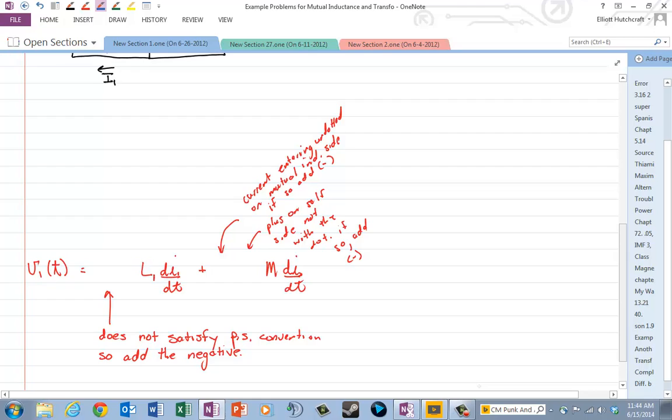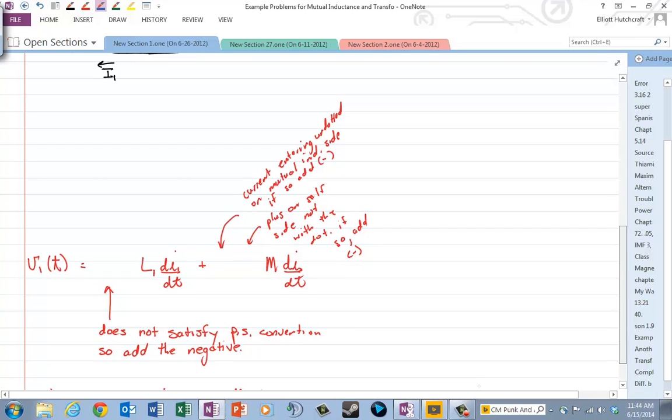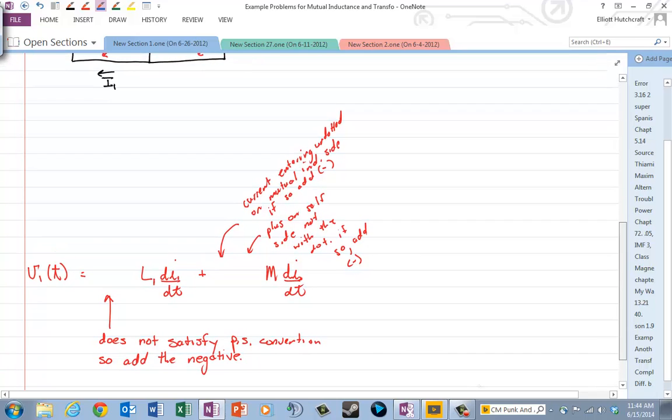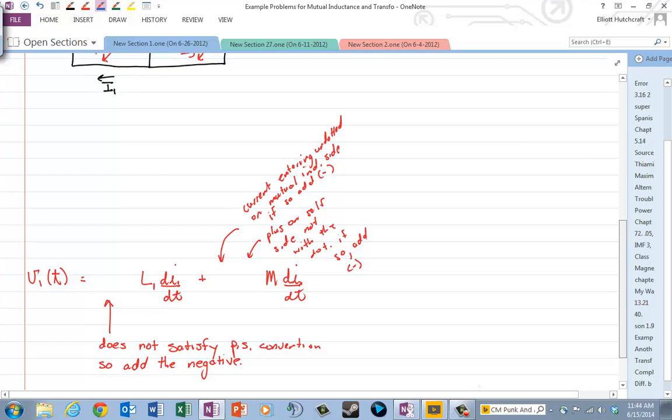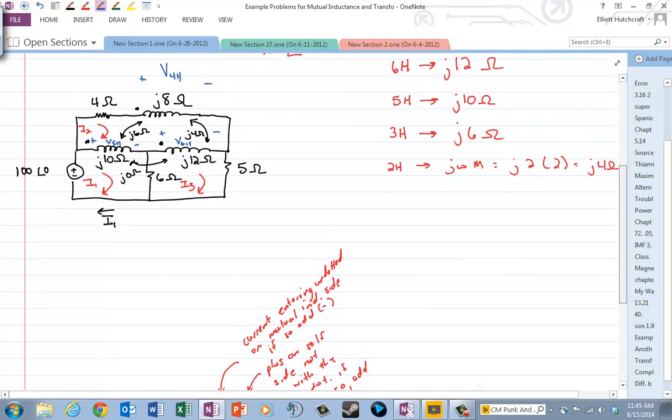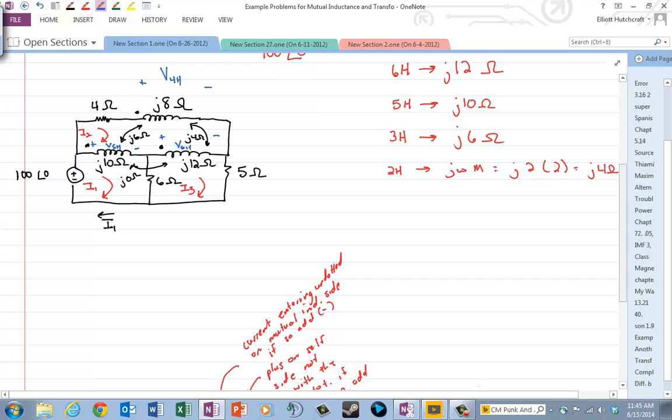So, okay. The first thing I would say is we've got to write equations as we go around here. What I would like to point out is, let's look at this first loop. I'm going to outline it in yellow here. So this is our first loop that we're going to go around. Notice we don't have any super meshes here.